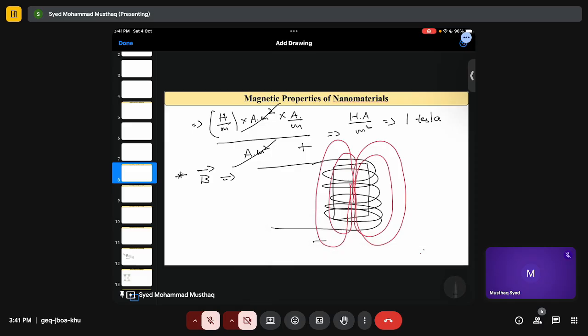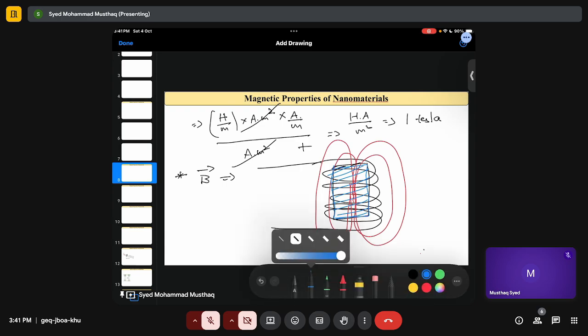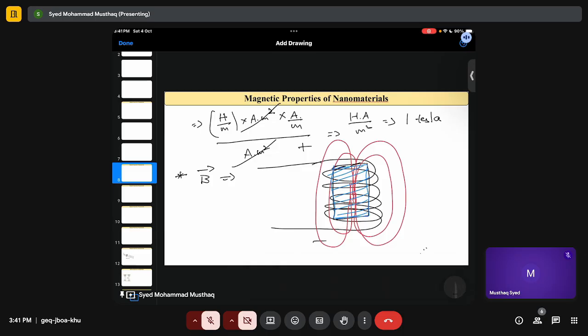Now, I have a material inside. So if this is my material, and I have it inside my magnetic field, then the atoms will respond to it, right? Before that we only had a vacuum, because that's what we have been talking about.